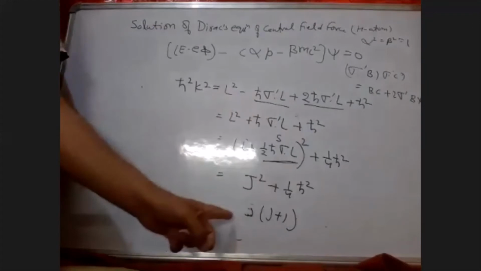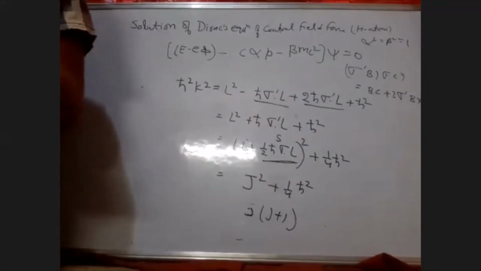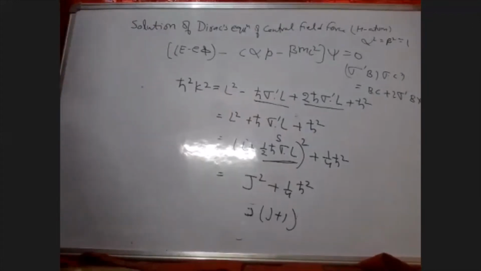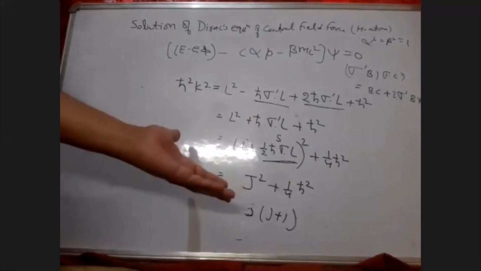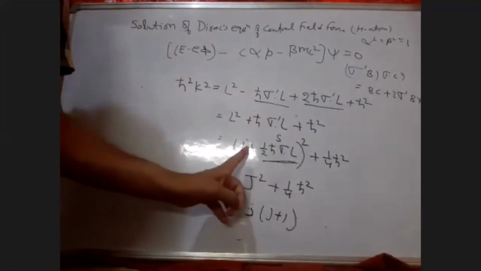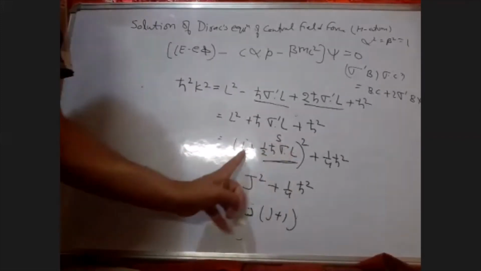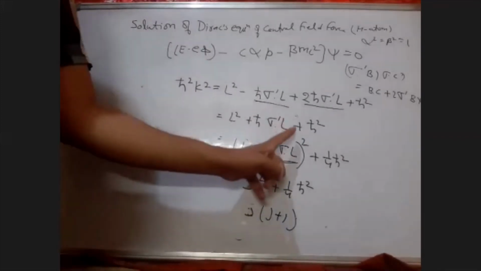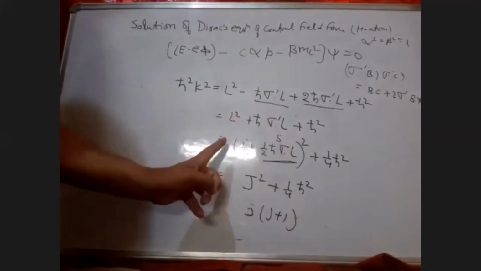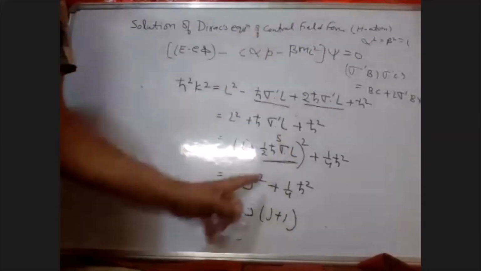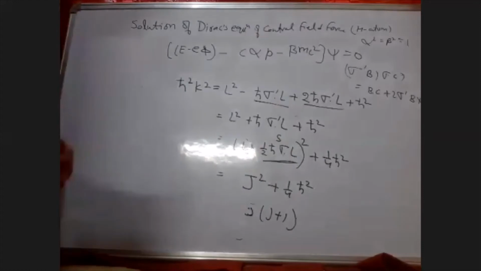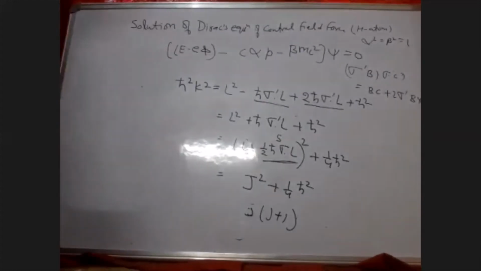So the value of j is a half odd integer. If we take L equal to 1, the value of j is L plus S, that is L plus half, 3 by 2, or L minus half, 1 by 2. So the value of j is half odd integers.